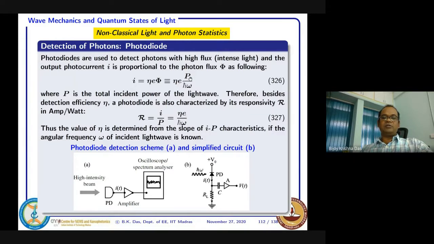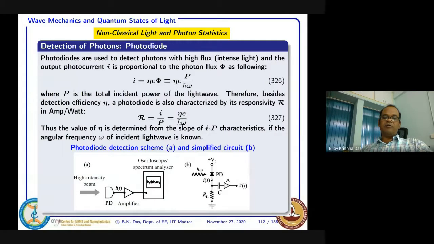So here, from this expression 326, I by P means eta times e, the electronic charge per photon. So ultimately it comes down to efficiency, and e is a universal constant, h bar is a universal constant, and omega is the frequency, 2 pi c by lambda, so it is basically lambda dependent.